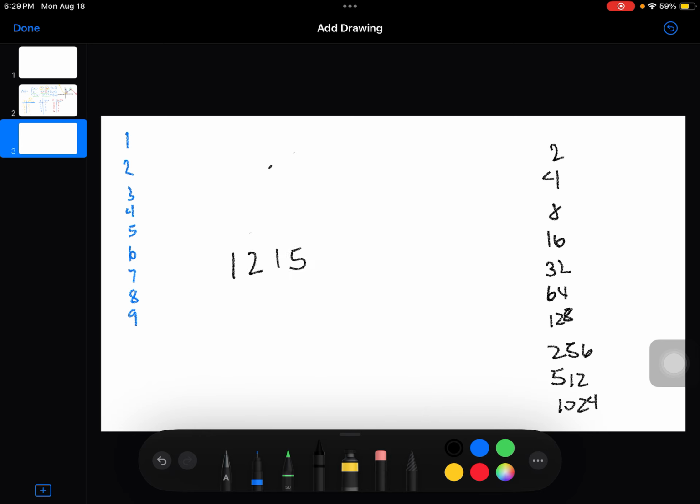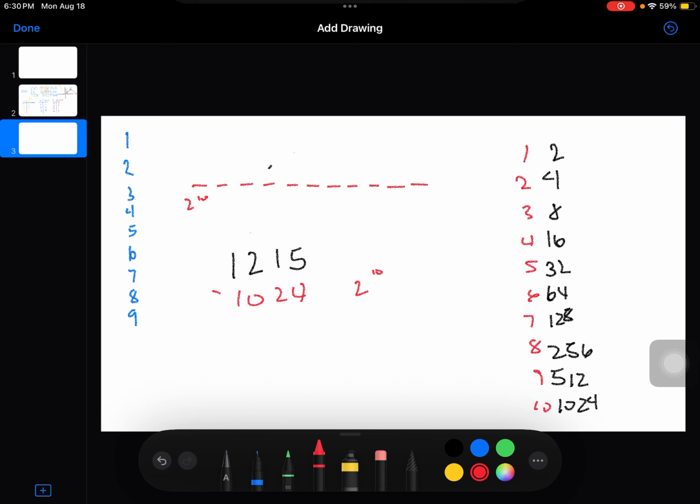We know the nearest power of 2 is going to be 1024, so we're going to subtract 1024. 1024 is 2 to the first, second, third, fourth, fifth, sixth, seventh, eighth, ninth, 10th. So that's 2 to the 10th, and we also have 2 to the 0.